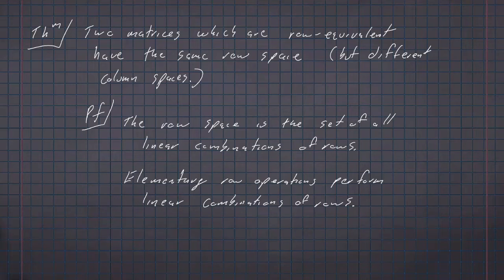Add a multiple of one row to another row. That's literally taking a linear combination of two of the vectors. And since we are looking at the set of all linear combinations, linear combinations of linear combinations are still just linear combinations.